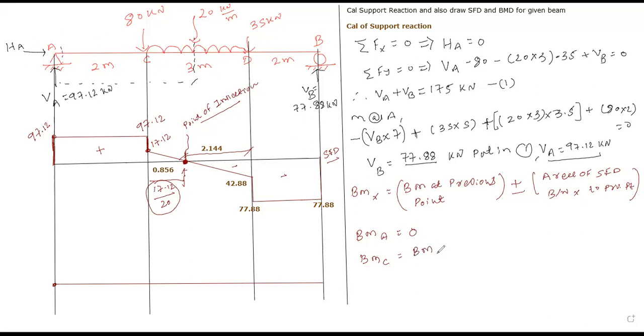Bending moment at A plus or minus area of shear force diagram between X, nothing but C to A. So now you have to calculate in your calculator. Bending moment at C equals, you have to type in your calculator, 0.